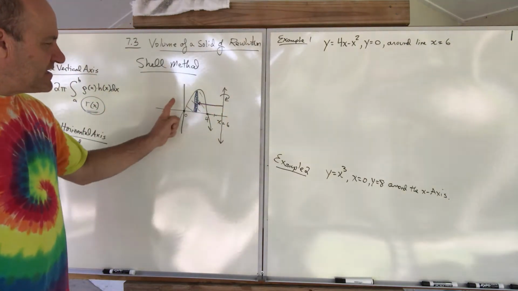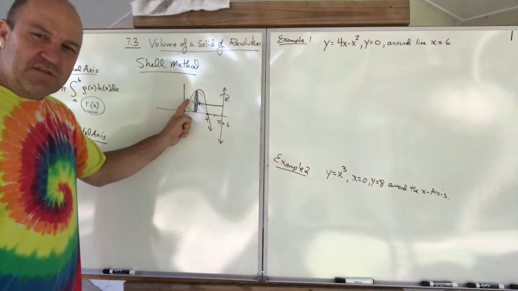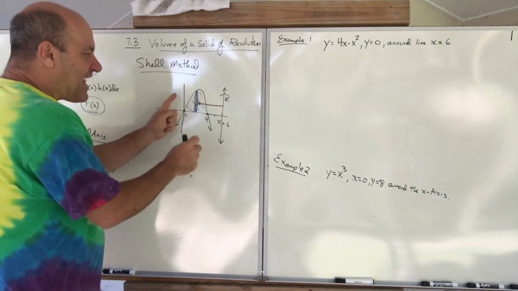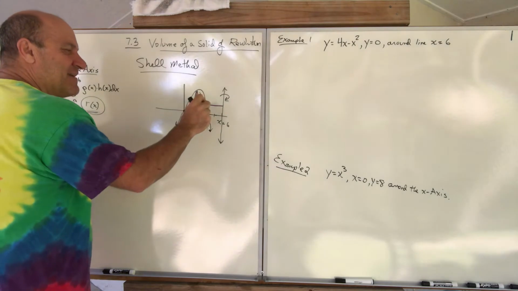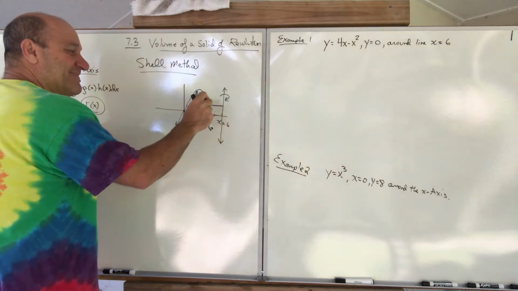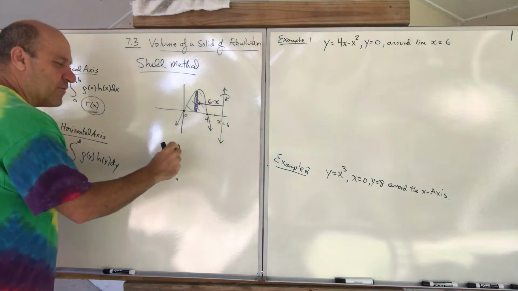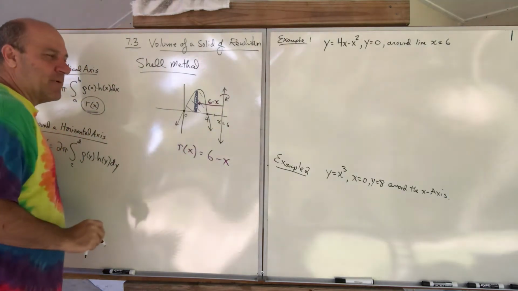Last time I did an example where the radius was from the y-axis over. That distance was x. This distance is not x. If that distance is x and this is 6, can you tell me that distance? Thank you very much. That's 6 minus x. The radius to the shell is 6 minus x in this example.